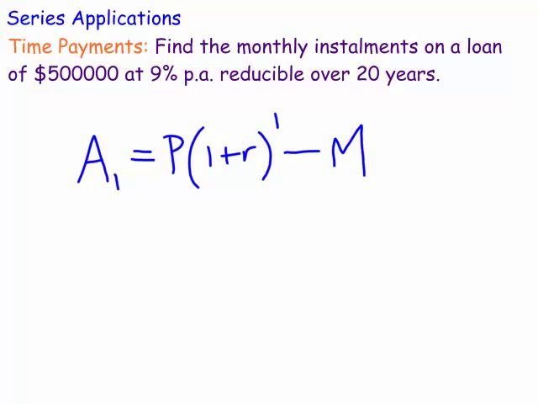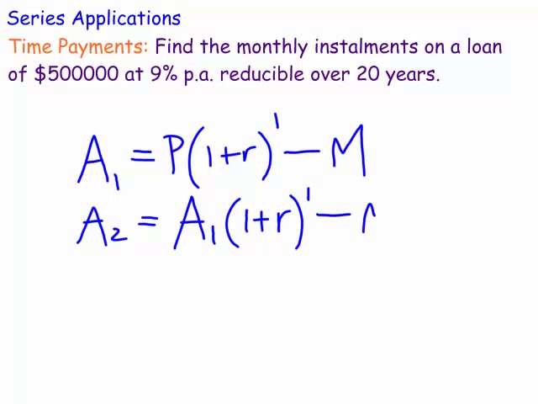So let's try and work out what A2 is, the amount owing after 2 months. Now, how we develop this formula is like a bit of a recursion, I suppose. It's like A1, 1 plus, now it's going to compound interest for another period, and I'm now going to take off another monthly installment.